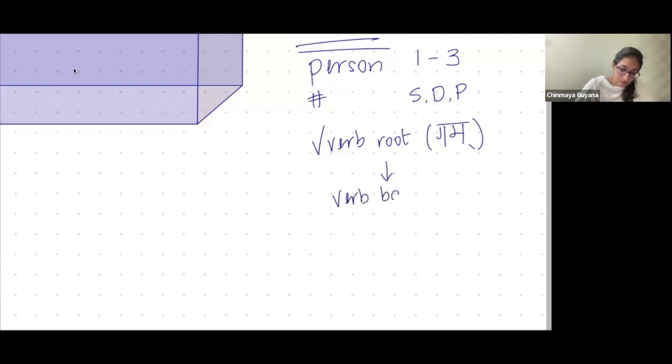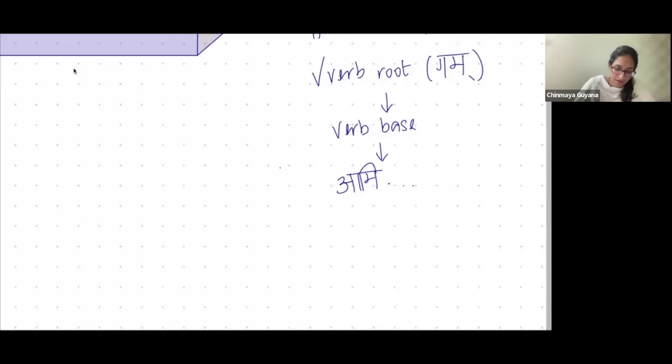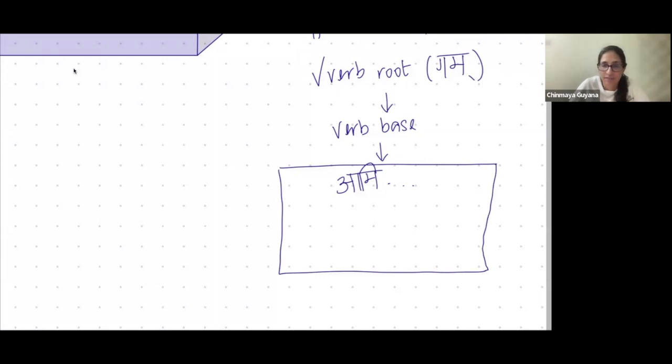And then to the verb base, you add all the endings, ami, avaha, etc. This thing, when you add all the different forms of the endings to the verb base, is called a what? Conjugation table.